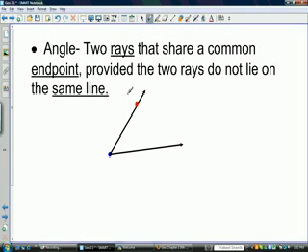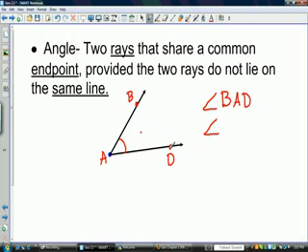Now we'll name this, let's say B, A, D. Now when we're going to label an angle, notice that this angle is measuring the distance between these two rays. So we have angle BAD. So we start at B, we go down to A, and then back to D. Or else we can say that same angle is DAB.